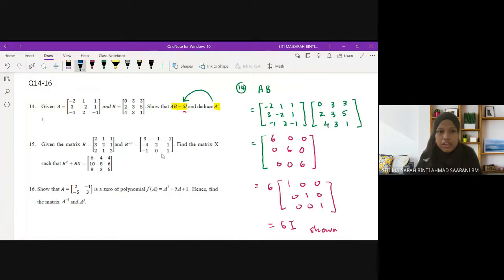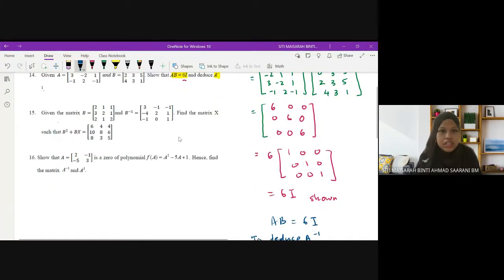This question is an old question. Okay, given the matrix B, which is 3 times 3, and B inverse, it gives B and B inverse. Find the matrix X. The equation asks to find matrix X such that B square plus BX equals this matrix. So we want to find X using this equation.